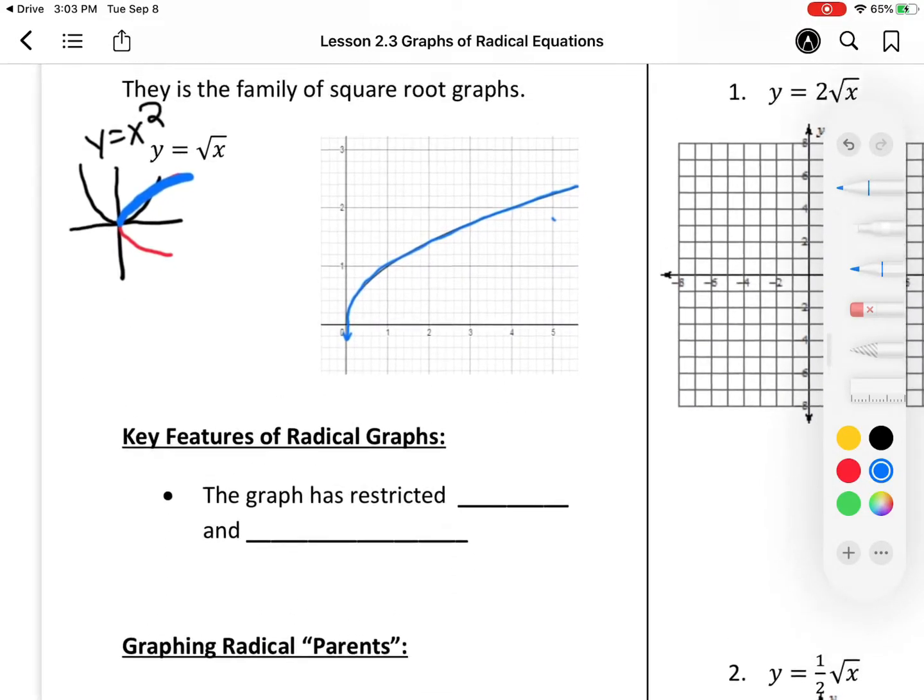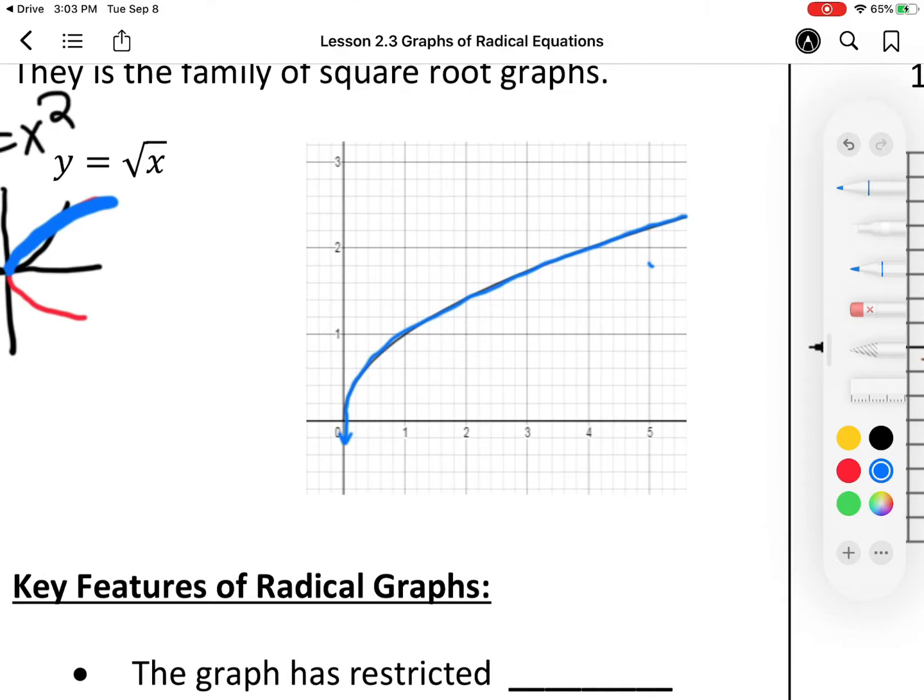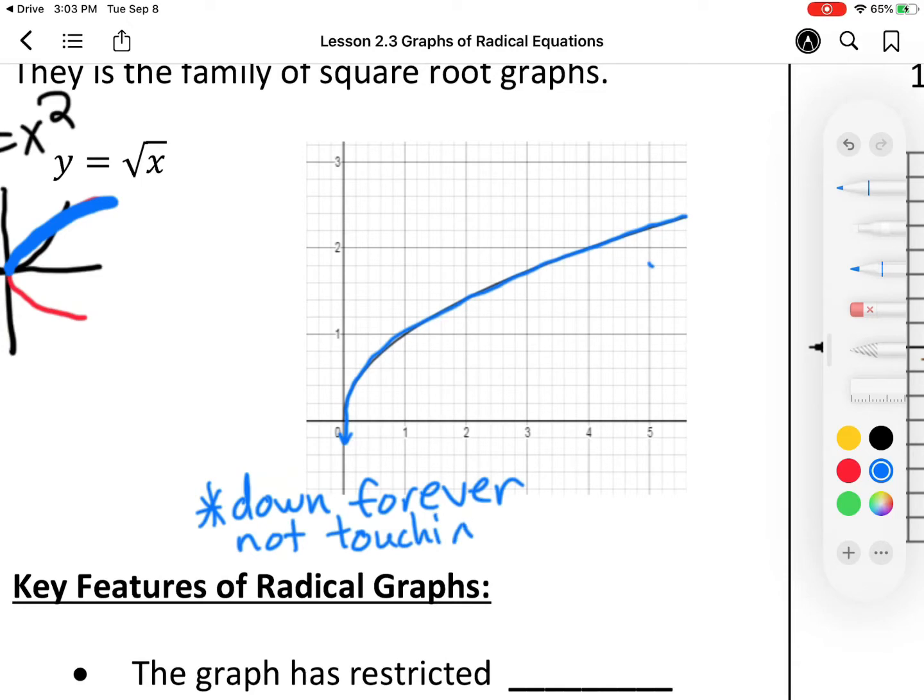But it is going to go down forever. So if you want to make a note here, you can. Down forever. Not touching x equals 0.